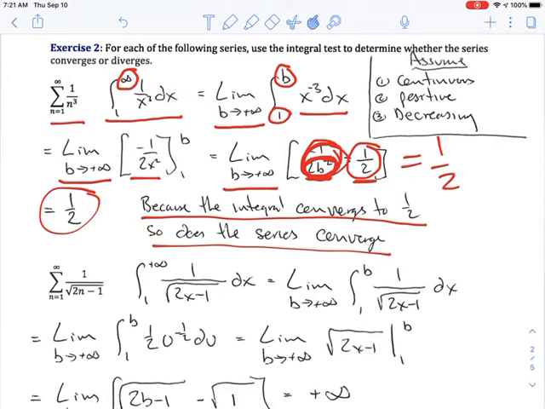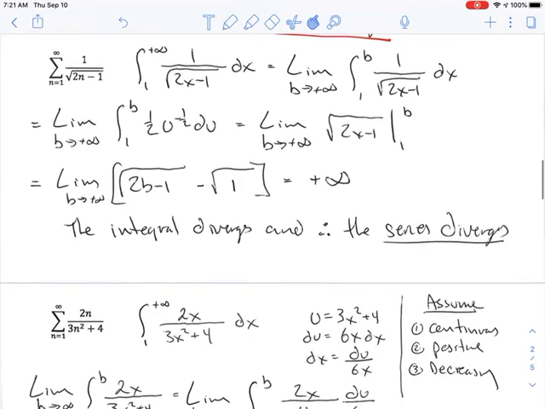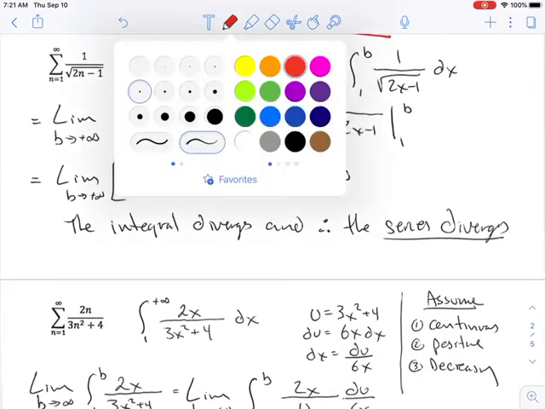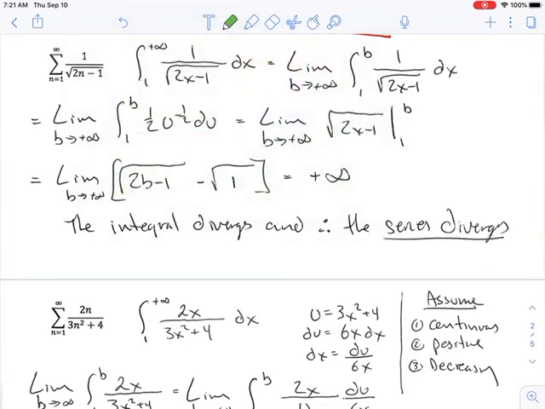Next up, we have the series from 1 to infinity of 1 over the square root of 2n minus 1. Once again, applying the divergence test, if we take the limit of the sequence, 1 over the square root of 2n minus 1, we can see that that approaches 0, and so therefore the test is inconclusive and we need to do another test.